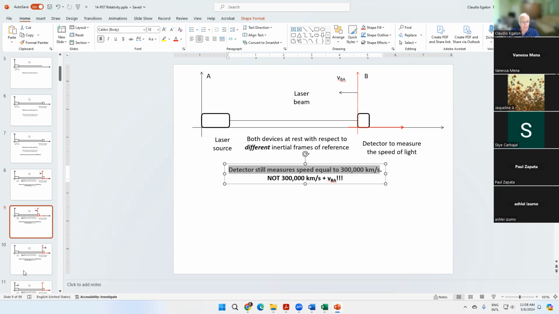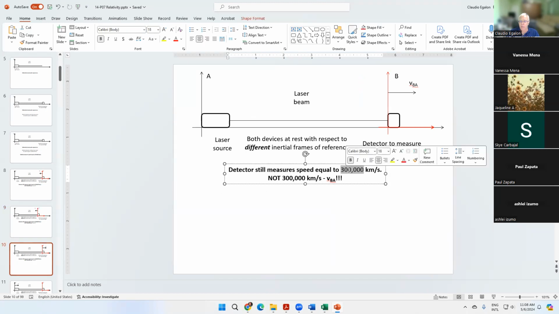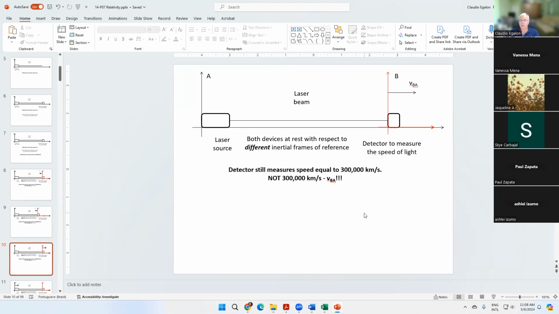Okay? And same thing here. So if the detector is moving away from the laser source, no matter what, the detector is still going to measure 300,000 kilometers per second.